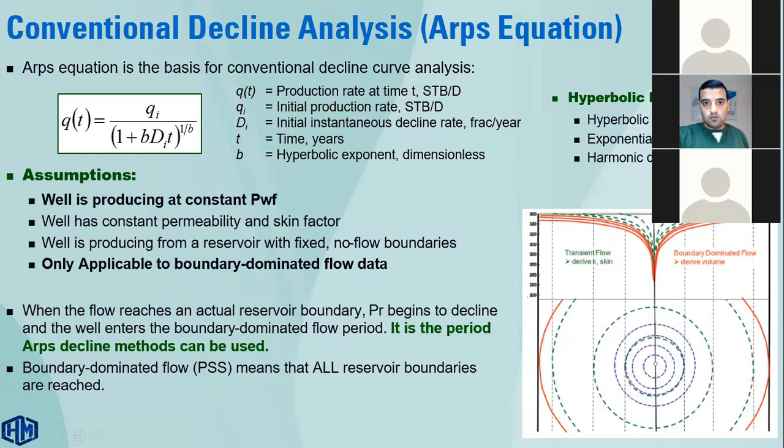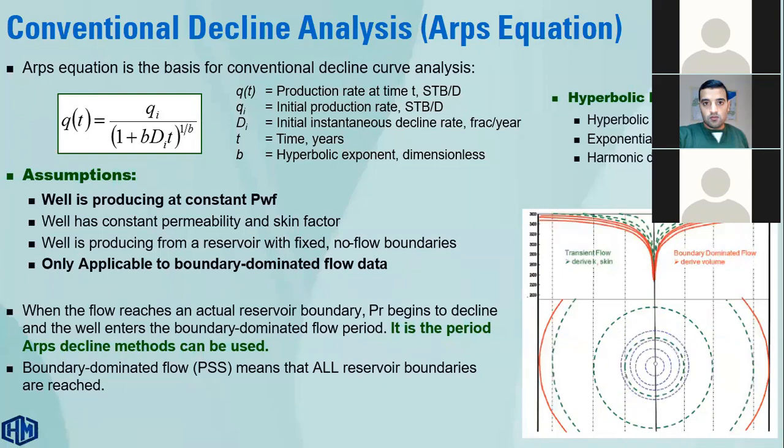In this animation, as you can see, I will simply discuss the different flow regimes. We can assume we have a vertical well in the center of a circular homogeneous reservoir.